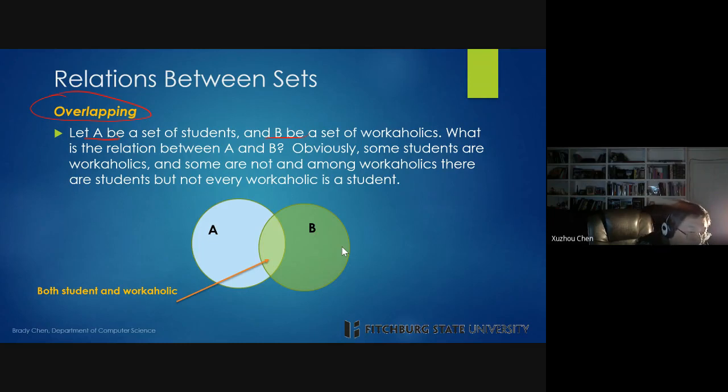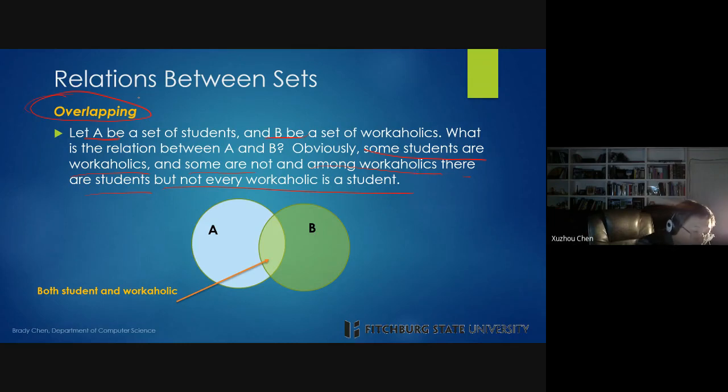So then we find out some students are workaholics, some are not. And also among workaholics, there are students, but not every workaholic is a student. So in that case, we can use the term overlapping.